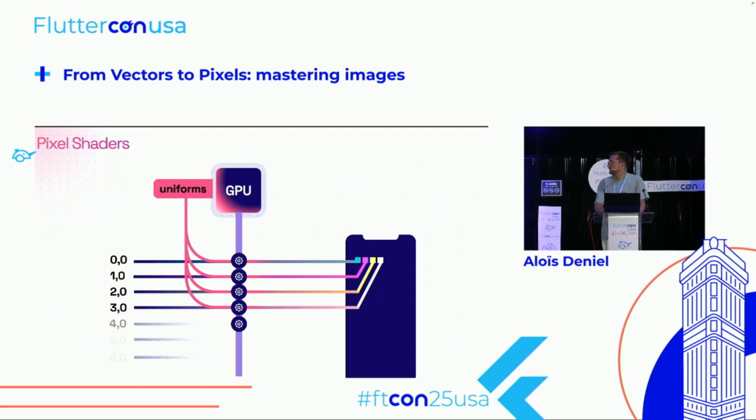It can be by sampling a texture. A texture is also a uniform, but it can also be, for example, a color. If you want to recolor a full image, you give it the texture, the color, and for each coordinate, you will transform the color to match what you are expecting.